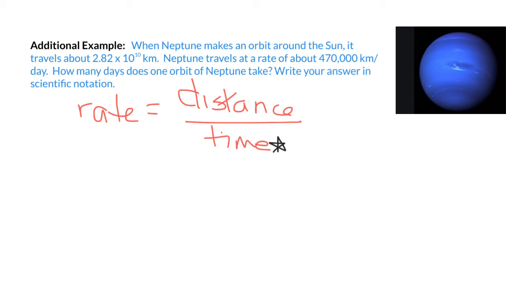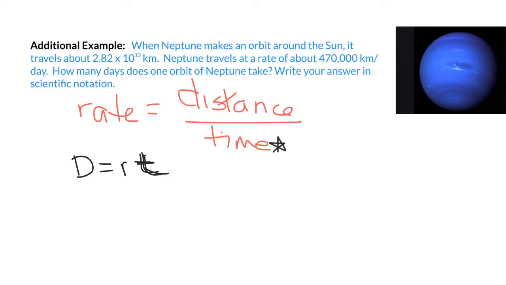This should have been back from 7th grade using this formula. And perhaps you saw it more as distance equals rate times time. And this might be easier for you to use. Distance equals rate times time. So we're going to find t.